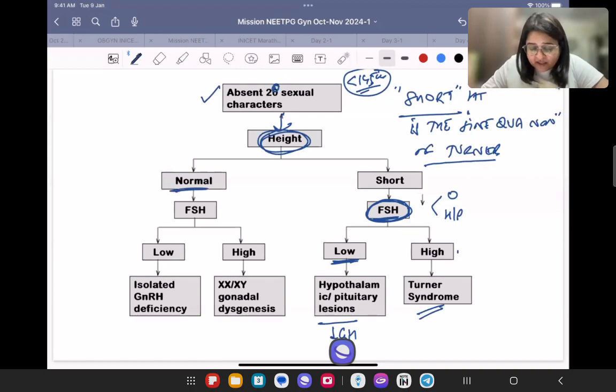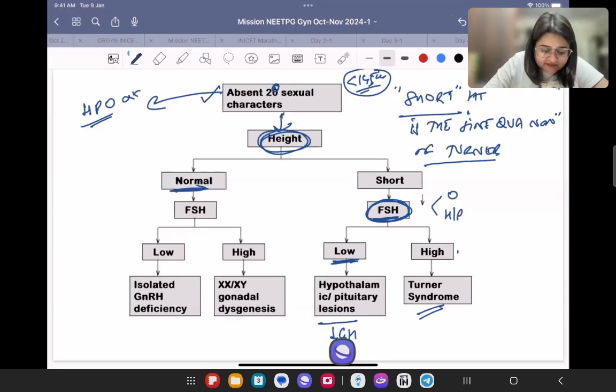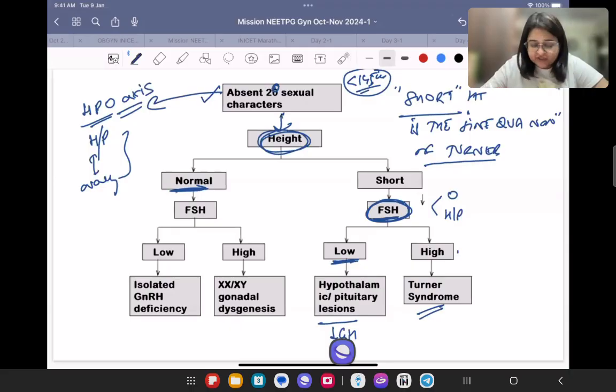Next comes normal height. Maybe we need to now differentiate. When there are absent secondary sexual characters, in simple terms, the problem is in the HPO axis. We need to know whether the problem is in the hypothalamus-pituitary or in the ovary, and the best way to differentiate this is by doing the FSH. If FSH is high, the problem is in the gonad or ovary.